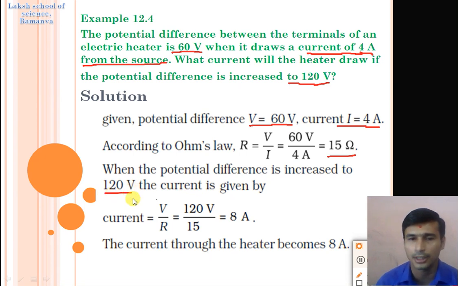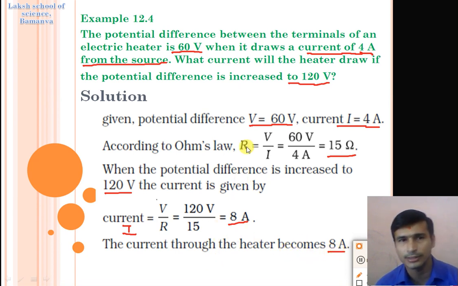So the new current I is equal to V divided by R. V is the potential difference, what is the potential difference? 120 volt, right? Divided by the resistance of the heater, 15 ohm. We get the answer 8 ampere. So when the potential difference across the heater is increased from 60 volt to 120 volt, the current through the heater is 8 ampere.